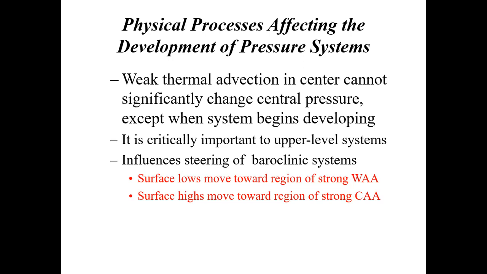In general, that coincides with your areas where the pressure falls off the greatest. Surface highs are going to move, on the other hand, towards regions of strong cold air advection. So wherever your strongest cold air advection is occurring, that's where your surface highs are ultimately moving towards.